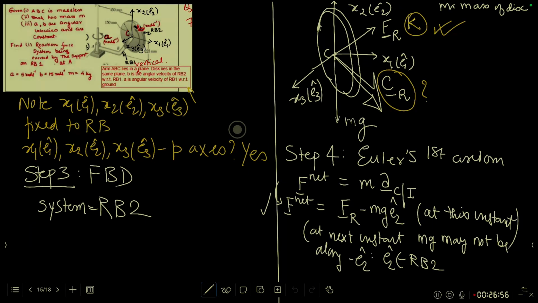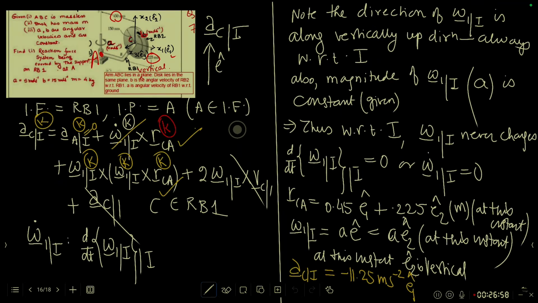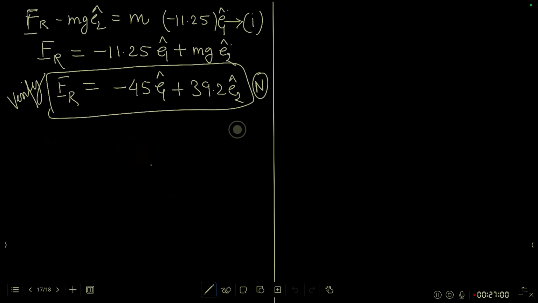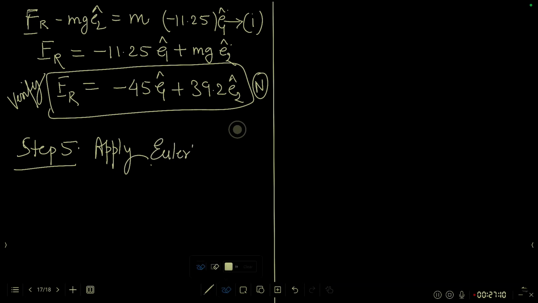Step 5. Apply Euler's second axiom, or MESA, and the version will be V1 because it is a type 1 problem. Equations are as before. One more time I will have to write.